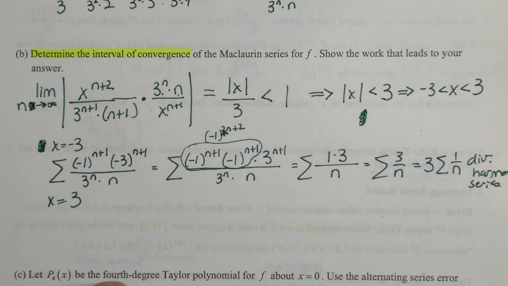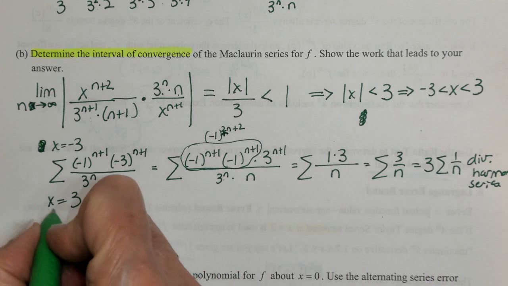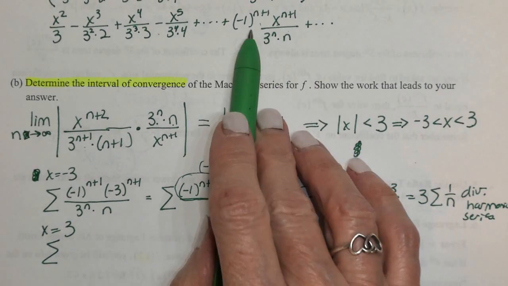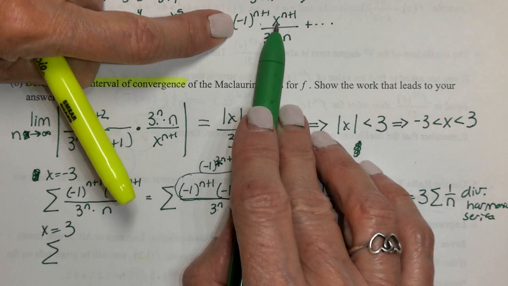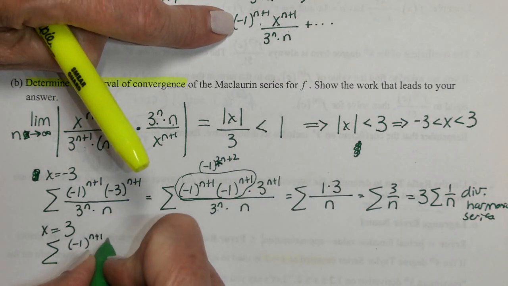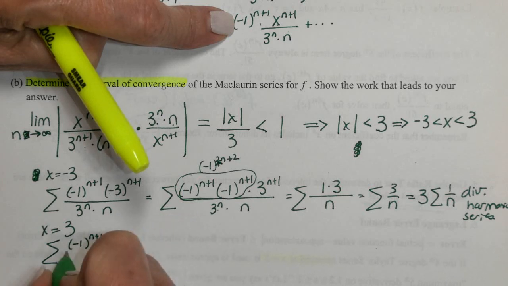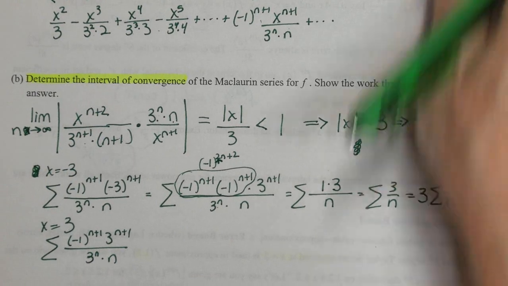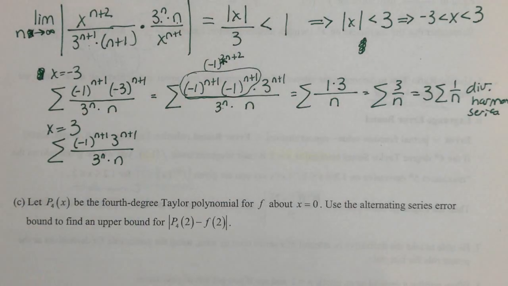Let's put in the other endpoint, 3, now. Again, I'm going back to my original formula and putting 3 in for x. So I have negative 1 to the n plus 1, 3 to the n plus 1, over 3 to the n times n. Does this converge or diverge?